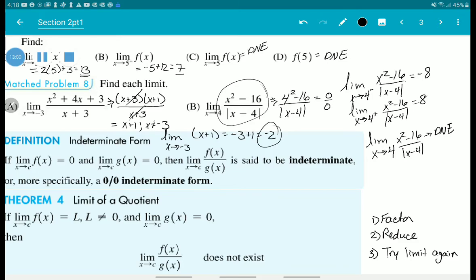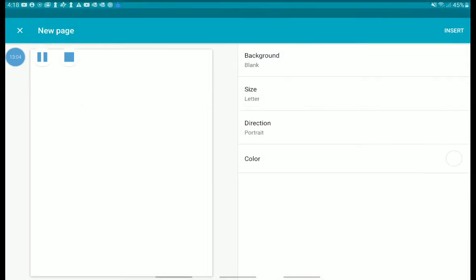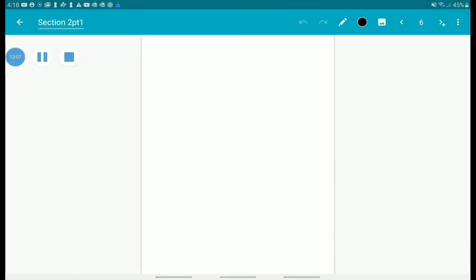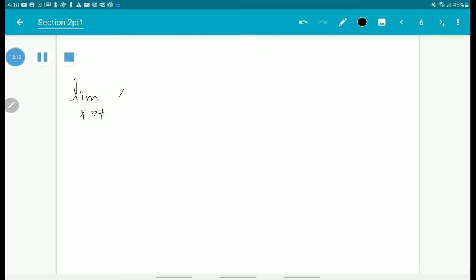So I want to examine this one just a little bit closer. So we are looking at the limit as x approaches 4 of x squared minus 16 over the absolute value of x minus 4. So we've got to remember that definition of absolute value. We talked about it earlier.